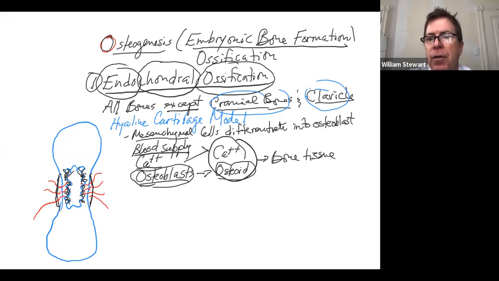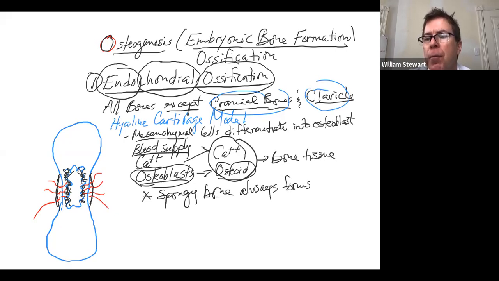By the way, this is worth noting, just for this entire chapter, spongy bone always forms before or prior to compact bone. Okay, that's worth remembering. So we get spongy bone forming in here. Originally, we have some spongy bone forming out here.